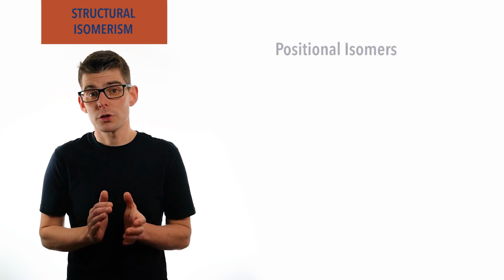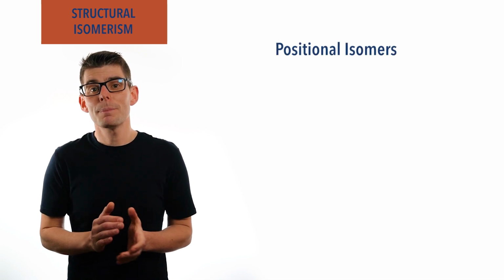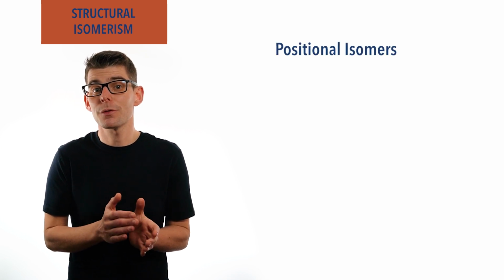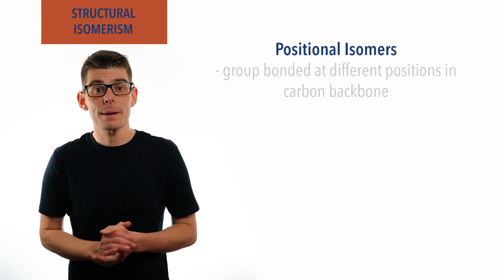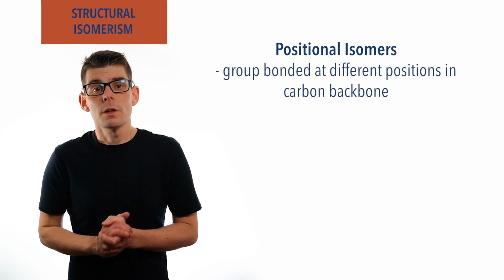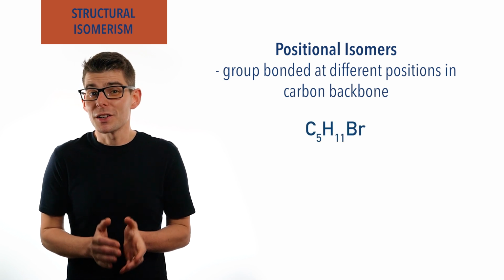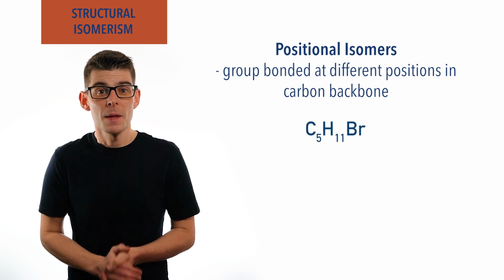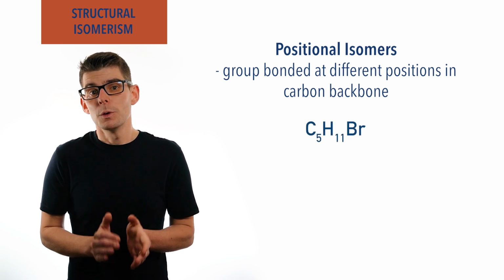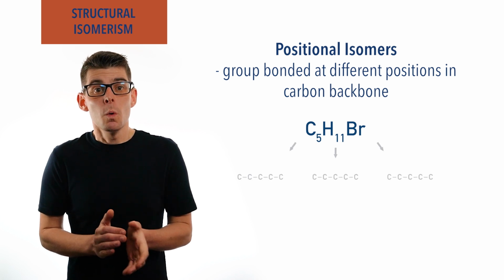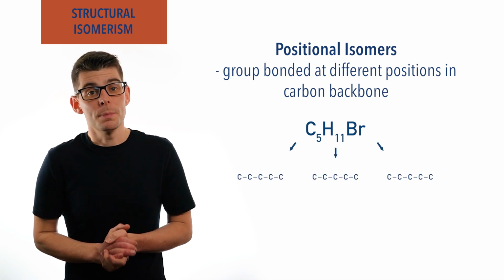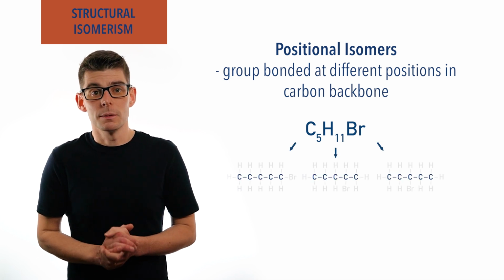Positional isomers are structural isomers that have a particular group bonded at different positions in the carbon backbone. For example, the molecular formula C5H11Br can refer to lots of different molecules. But 3 possibilities would be a 5-carbon backbone with a Br, a bromo group, bonded to one of the carbon atoms.